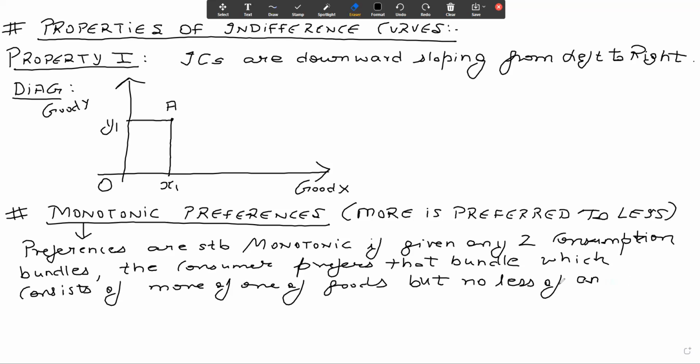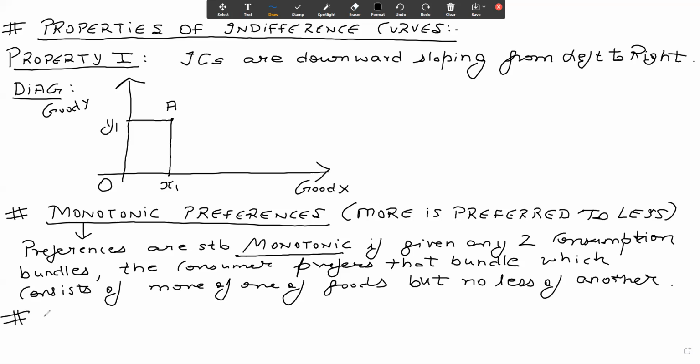We have done this concept of monotonic preferences in high school economics as well. We say that consumer preferences are monotonic if, given any two consumption bundles, the consumer will prefer that bundle which consists of strictly more of one of the goods, but no less of another.